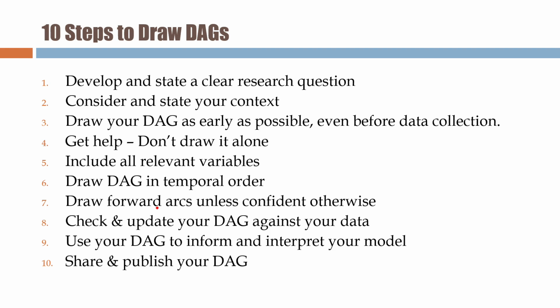Physically, that's impossible. We are not talking about time travel, right? This will help you draw the DAG in time order, and then you always draw forward arcs. The variable that happened first can cause the variable that happened later. So forward arcs, right?